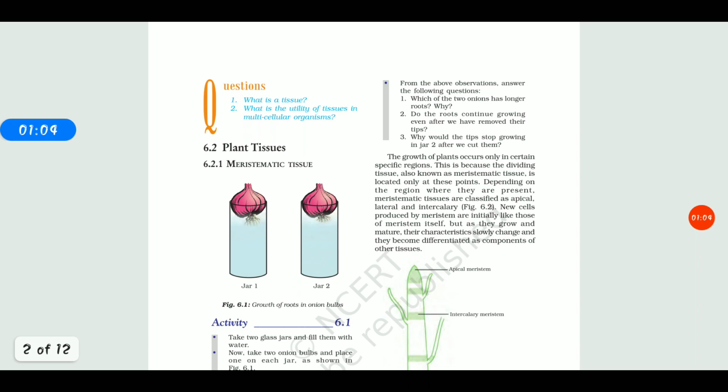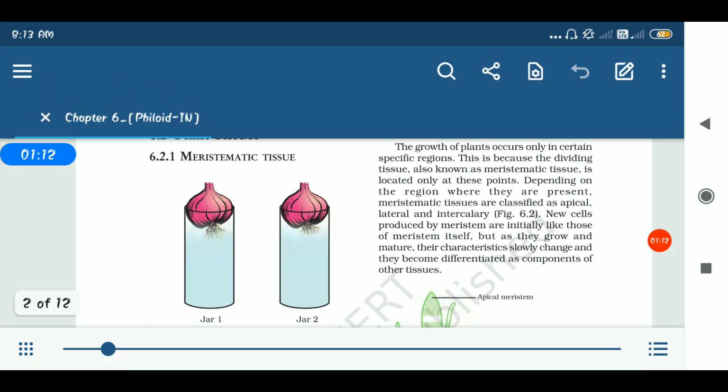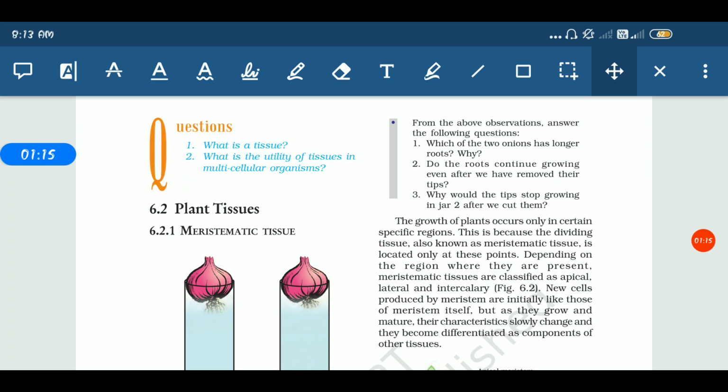Okay, students, now let us understand what we mean by the term types of tissue. If we talk about plants, plants are also living organisms, made up of tiny building blocks known as cells.